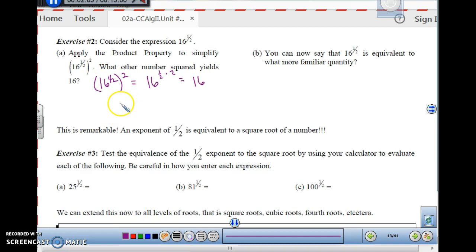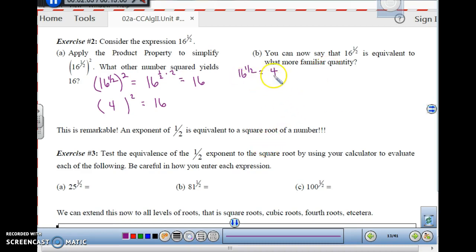Now, what we are saying is when you take something and square it, you end up with 16. But this is 16 to the 1/2. All right, what squared actually equals 16? It is equal to 4. So if 16 to the 1/2 is equivalent to saying 4, what does that tell me about what the 1/2 means?